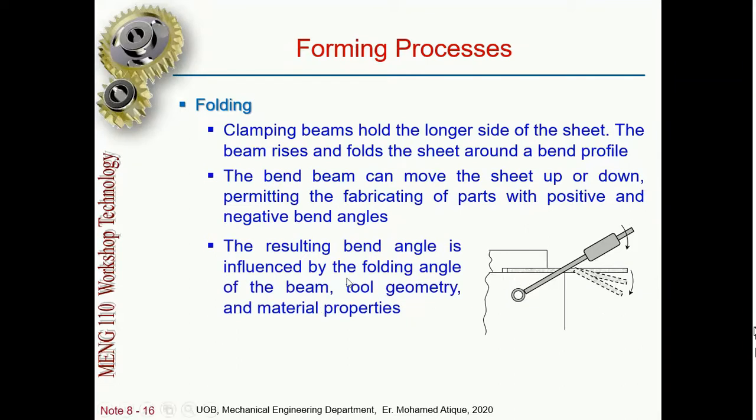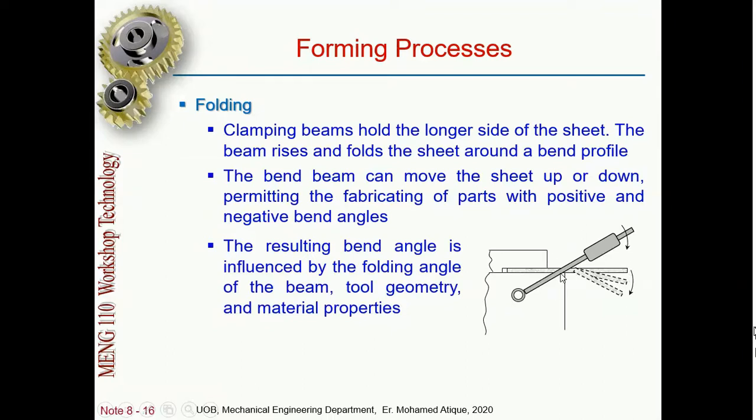Thus this bend beam can move the sheet up and down, permitting the fabricating of parts with positive and negative bend angles. Based on the bend angle required, using this beam, if you want to bend it completely by 90 degrees, we can bend it completely, or whichever angle we want, we can bend it up to that angle.